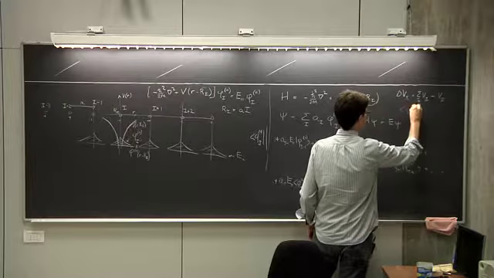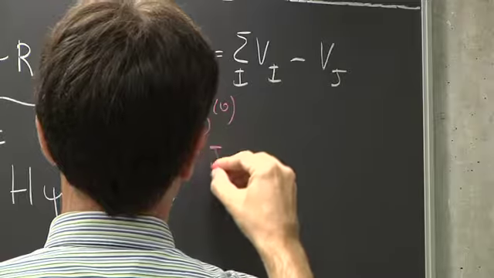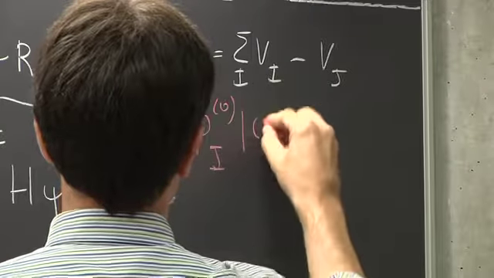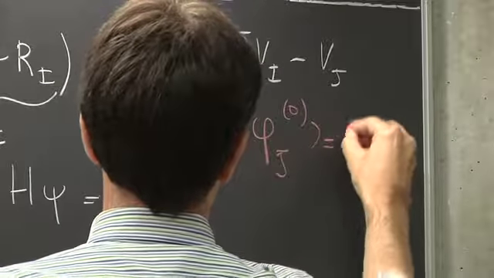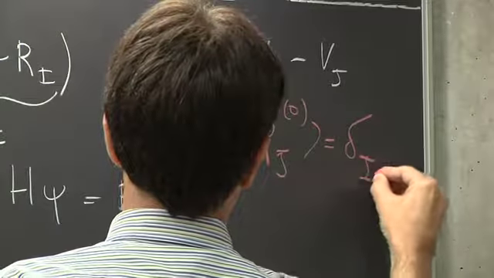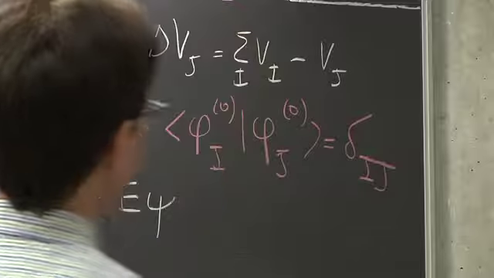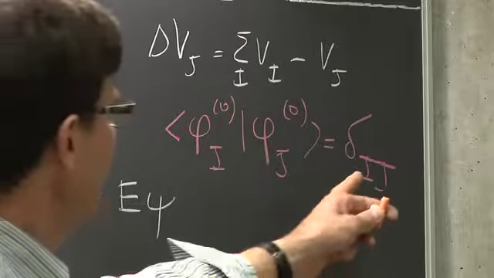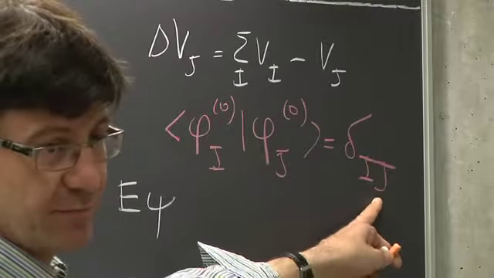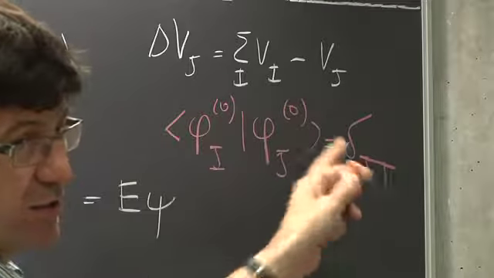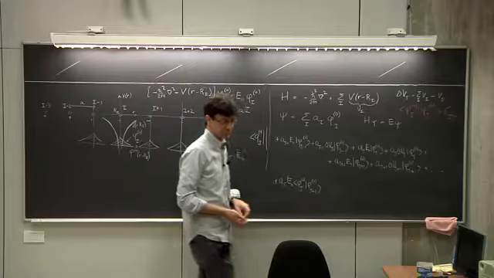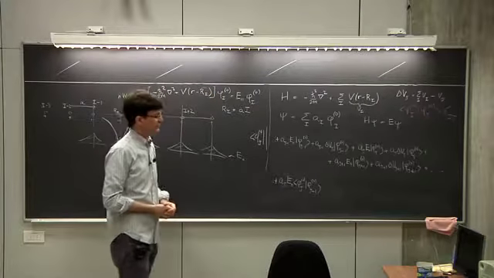So any phi i, phi j is different than 0 only if i is equal to j. But of course, if i is equal to j, it's the same wave function, and so it's 1. Okay?